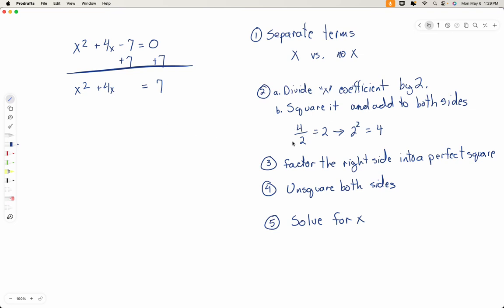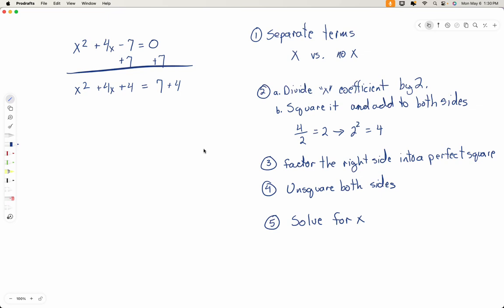We take that 4, we divide it by 2, and it's a 2. So now the second part of that is we square it. We square whatever that division by 2 is, and then that's the number we add to both sides. So we add that 4, and we add that 4.